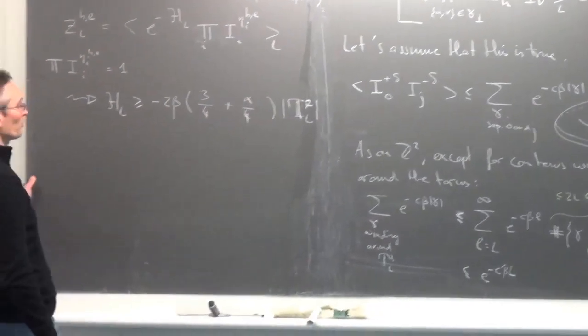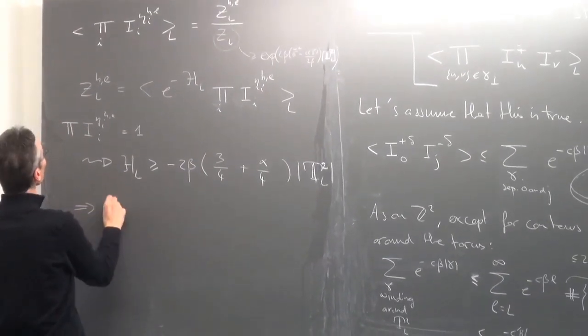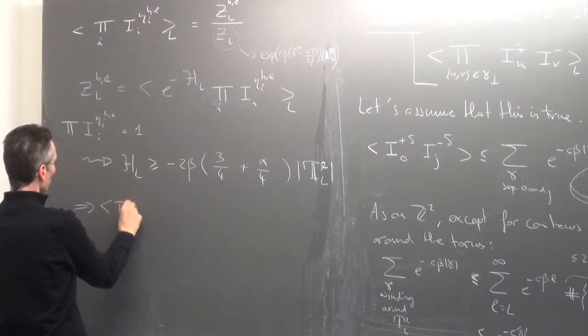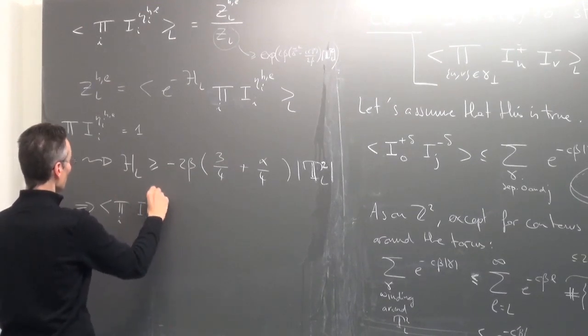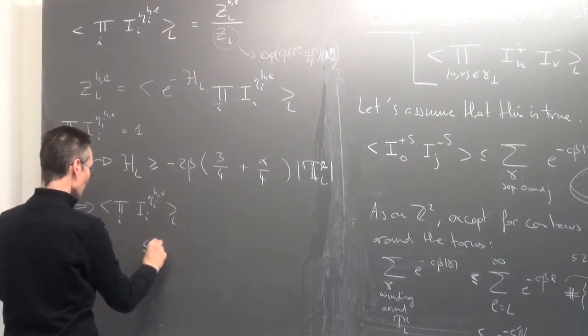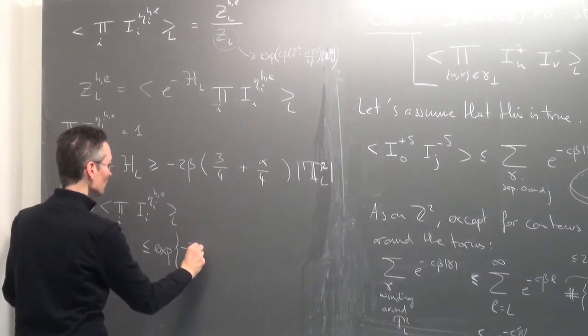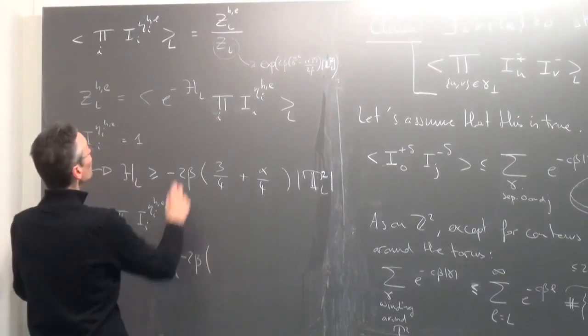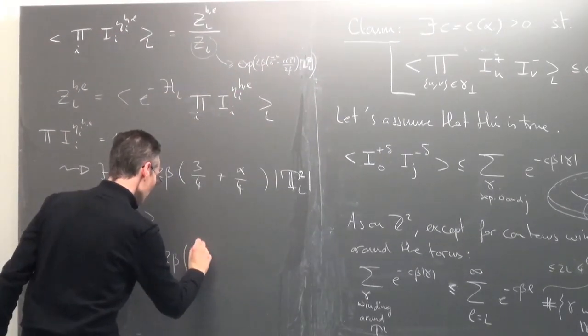So just check it. It's an easy lower bound on H, which gives you an upper bound on Z, which tells you that this product over I, theta 1, HE, is smaller than exponential. Let's try to do it as before: minus 2 beta. Then we get this delta tilde squared, as before.